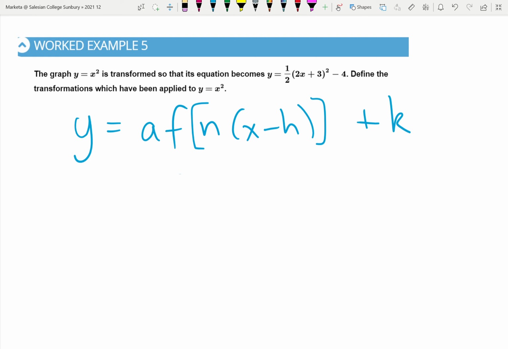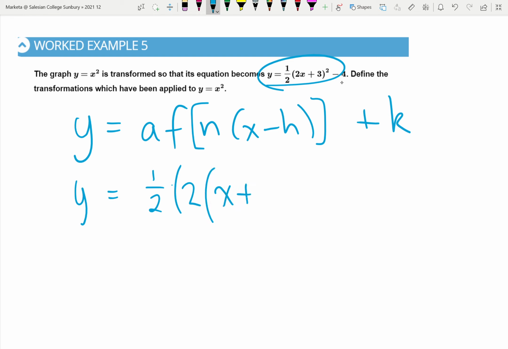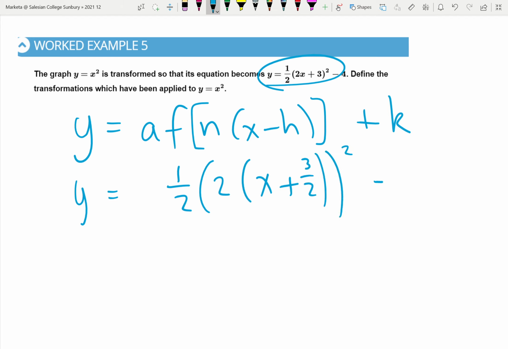Now that we've got that, let's make this look the same. So y equals half, and then we've got 2, and then (x + 3) on 2. I'll try and put it directly under. So let's try again. Half (2x + 3 on 2) squared minus 4.